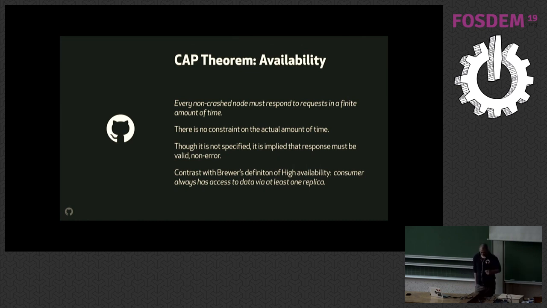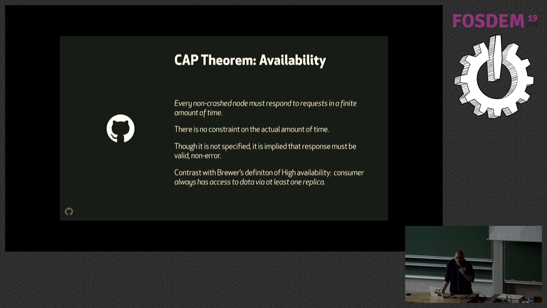Okay? And another last thing to note, because this is a mathematical definition: every non-crashed node must respond to requests in a finite amount of time. What we have in math is something true in an empty way, or true in an empty statement. According to this definition, a database system where all the nodes are crashed is available.